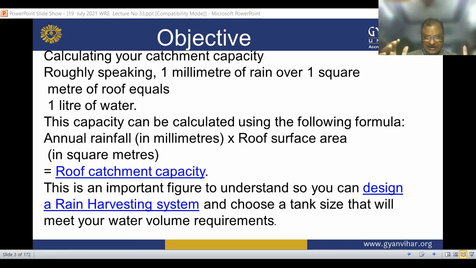So roof catchment capacity is an important figure to understand, so you can design a rain harvesting system and choose a tank size that will meet your water volume requirement.